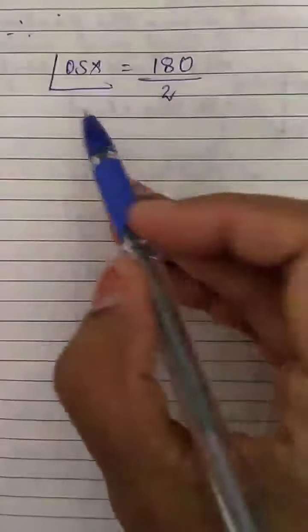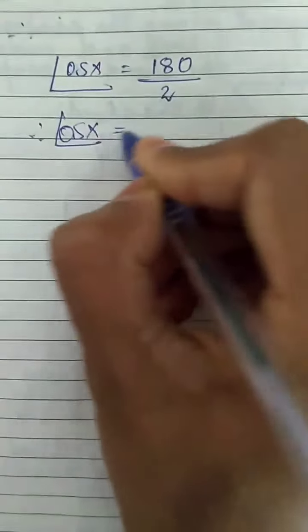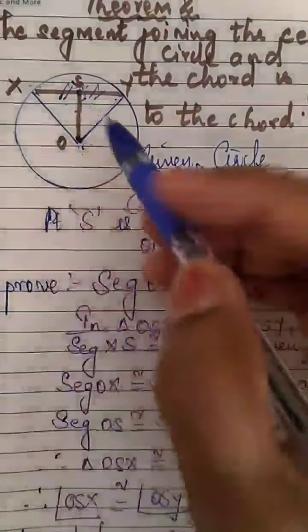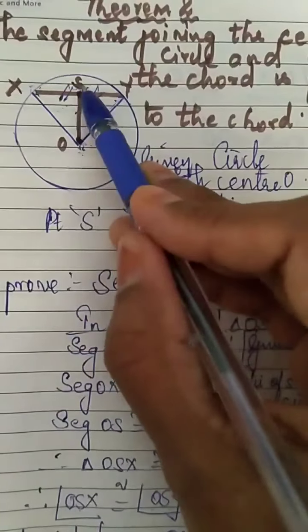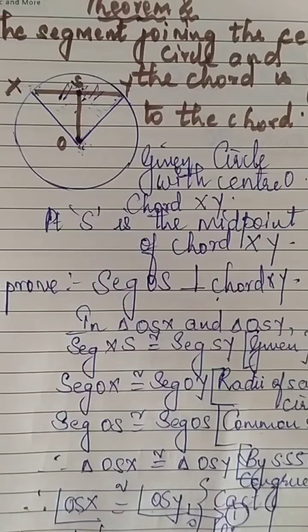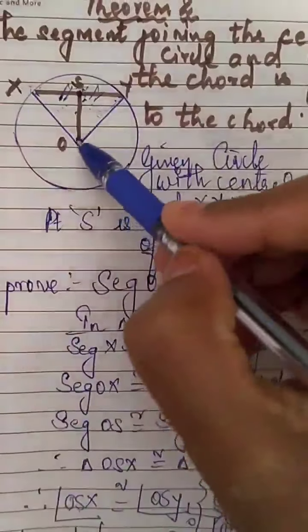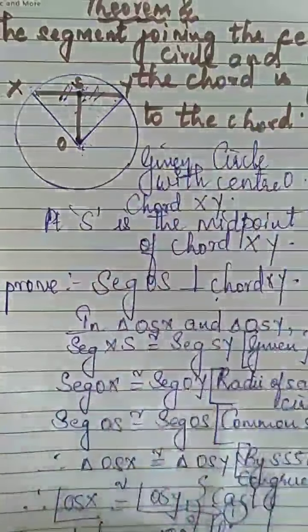So therefore, angle OSX is equal to 180 upon 2. Angle OSX we got 90 degree. Okay, mission accomplished. So we wanted to prove OSX 90 degree. If it is 90 degree, then OS will be perpendicular to segment XY. So write down the last step. Therefore, segment OS perpendicular to chord XY, hence proved.